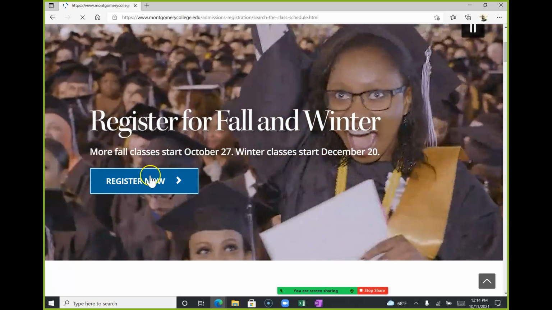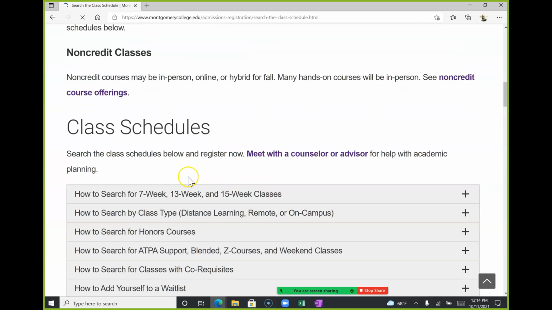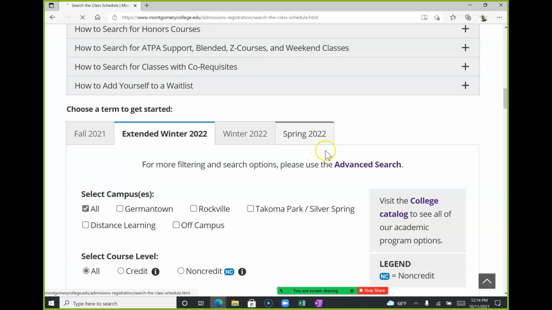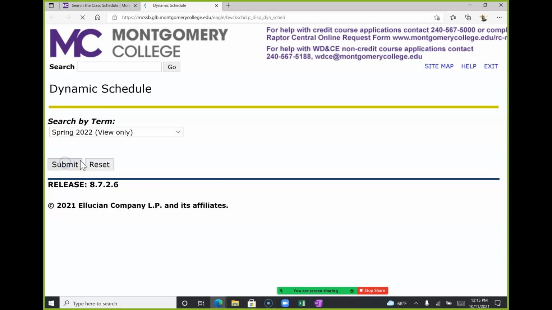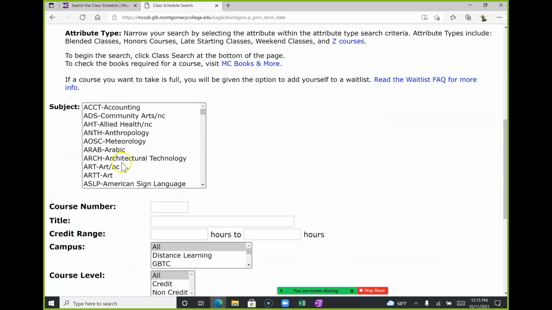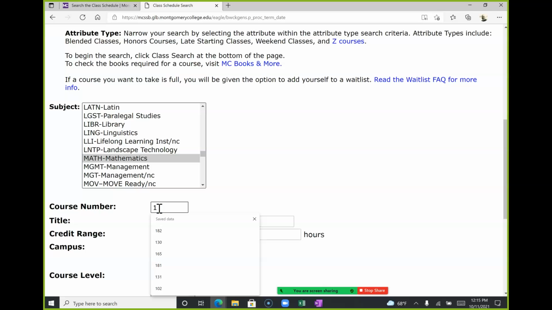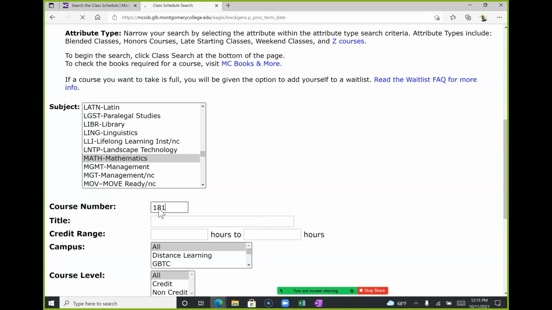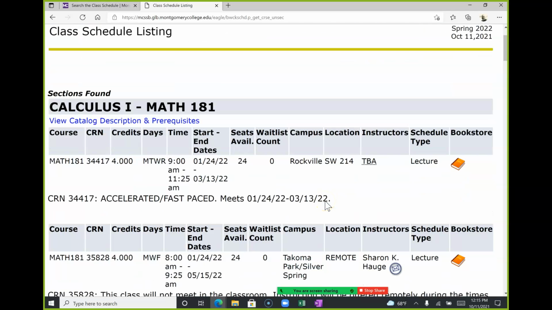It's the first thing that shows up on the front page. Then I do an advanced search for spring. Here's fall, extended winter, spring. I pick advanced search, pick the spring term, and pick the subject I'm looking for. I'm looking for math, and my course number for Calc 1 is 181. Then it will bring up all of the Calc 1 classes that are happening.